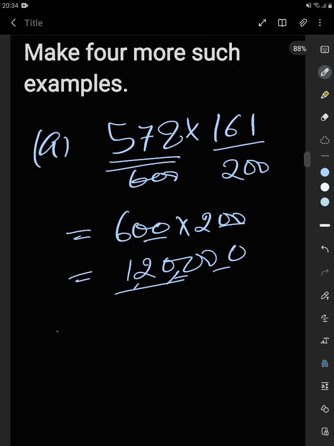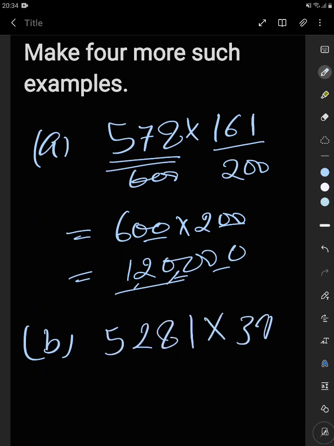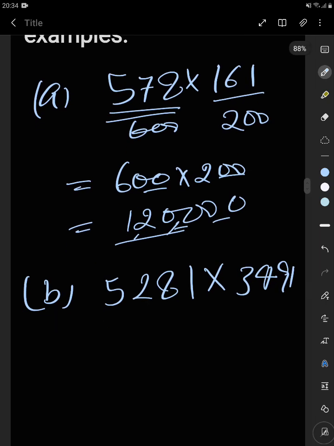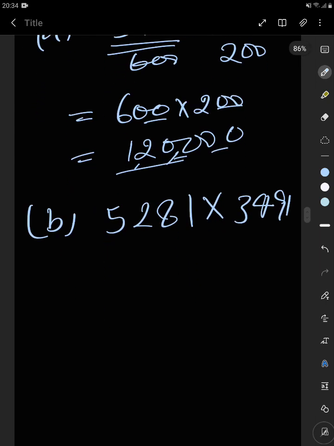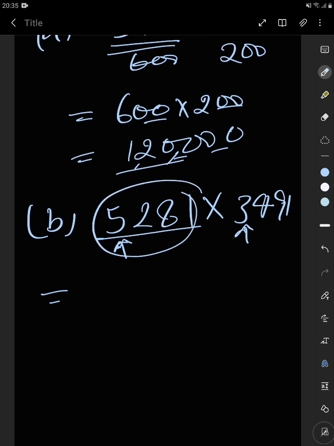The second question is 5281 multiplied by 3491. This number has thousands and this also has thousands. If we apply the general rule on both of these, this is closer to 5,000 and this is close to 3,000.